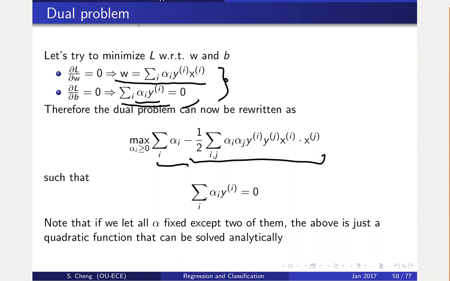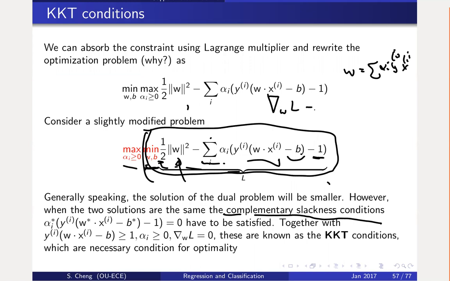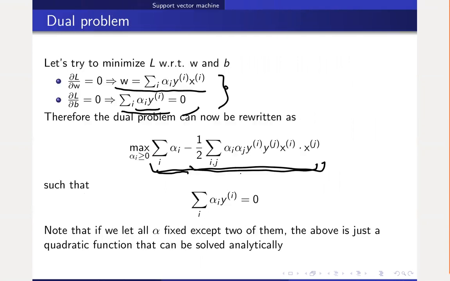So essentially this original objective function will become this. After you compute the gradient with respect to W and the gradient with respect to B, set them to 0 and substitute back into this one here, you basically get this.